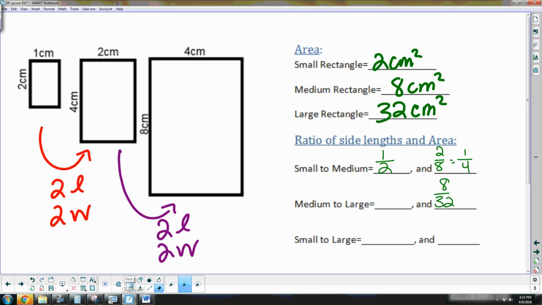So let's actually look at the side lengths, and we'll just pick one side, medium to large, because it'll be a little bit easier to see. We have 2 to 4, which is 1 to 2. And then here, our area, 8 to 32, if we simplify that, that's 1 to 4.